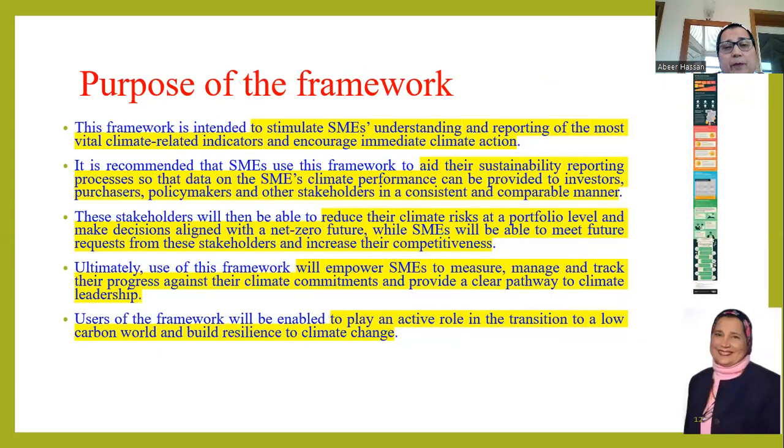The purpose of the framework is to stimulate SMEs' understanding and reporting of the most vital climate-related issues and encourage immediate climate action.